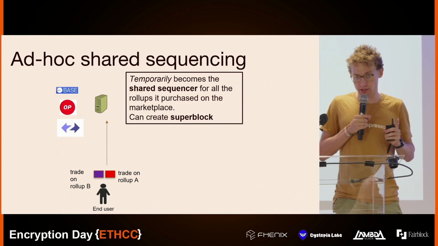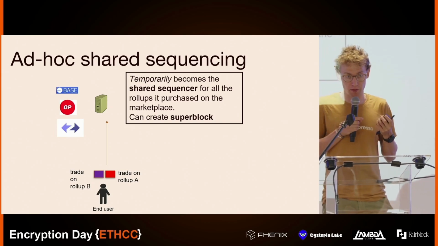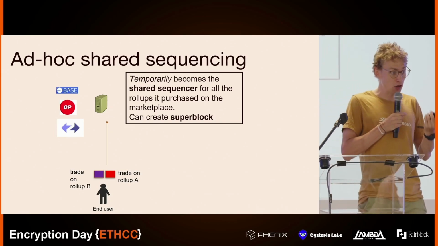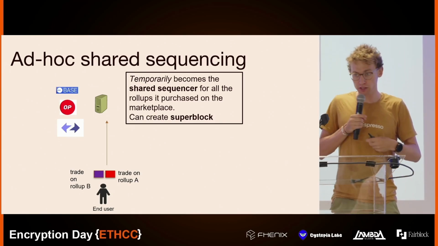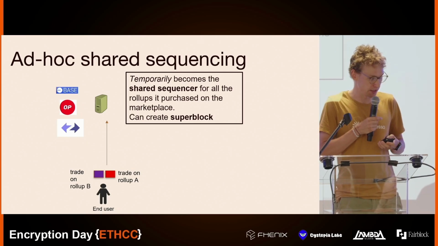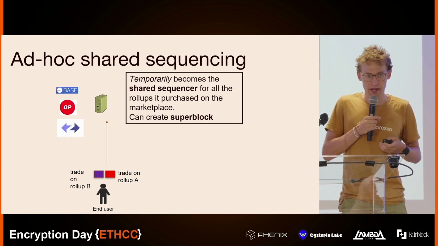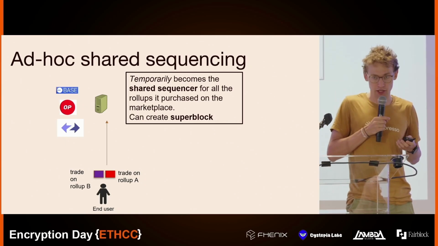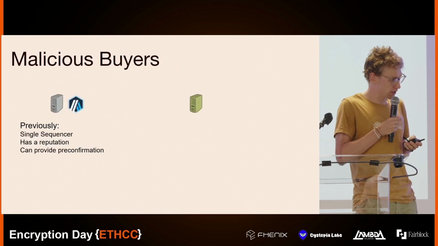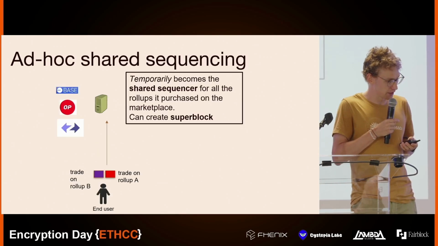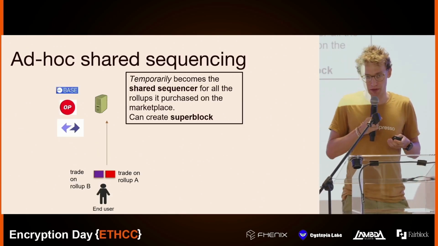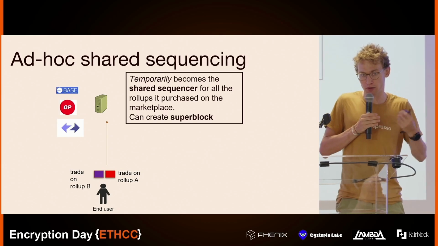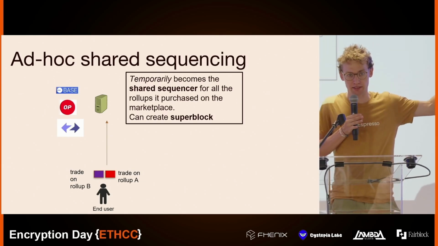However, this is a shared sequencer where the rollups don't have to give up sovereignty. They only sell their sequencing rights, and they only sell it for a temporary amount of time. And in fact, they can put additional restrictions on it. So one of the goals, for example, in the marketplace is you might say, I only want to sell my rollup to a pre-selected set of bidders.